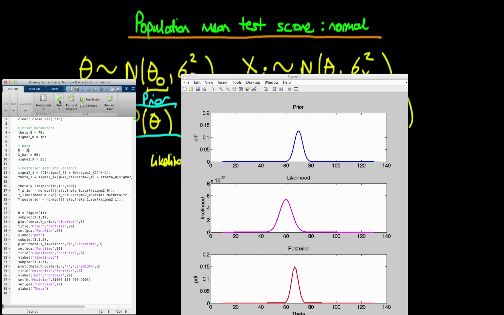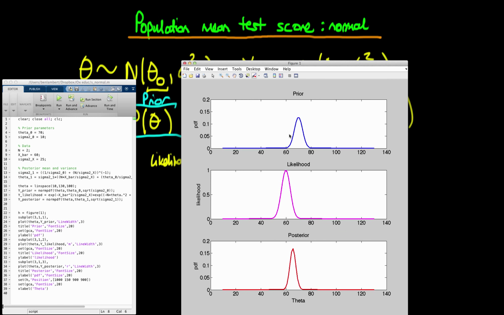If we do that, the prior and the likelihood are unchanged in terms of their positioning, although the likelihood has changed in terms of its scale. And notice that the posterior is now edging further towards the likelihood. So the mean of the posterior is getting closer to the likelihood, and that's what we should expect because we've got more data.